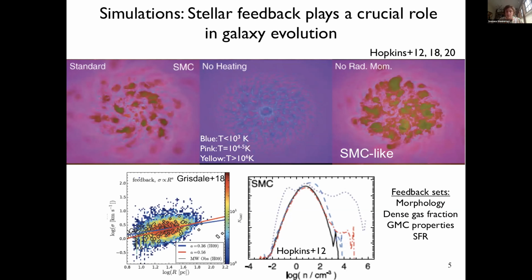So once they start including individual feedback channels, individual feedback processes, they get down to something that's shown in red and blue, which is a lot more realistic to what we observe.